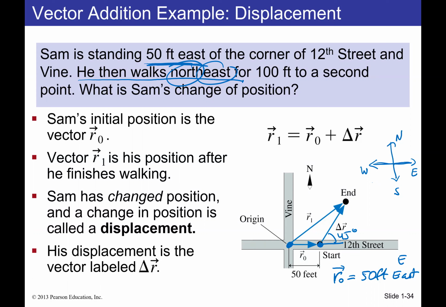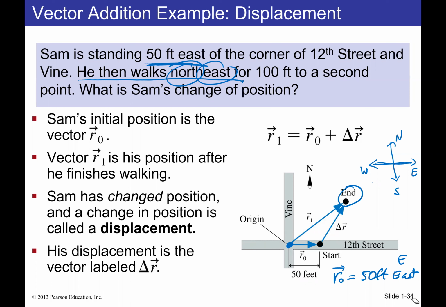So this direction is 45 degrees from east toward north, kind of like you can think like that. We come to this position over here, and this is our final position.